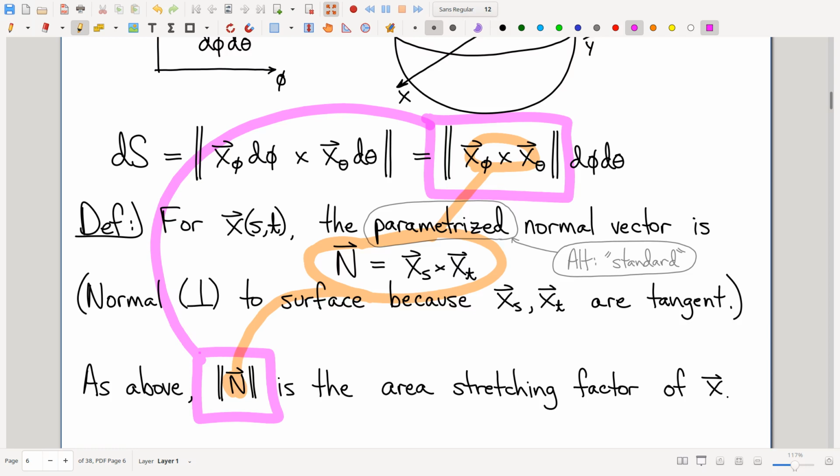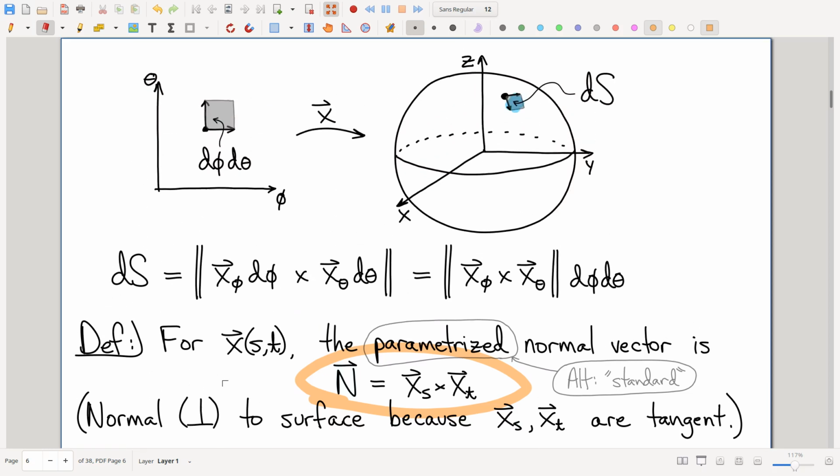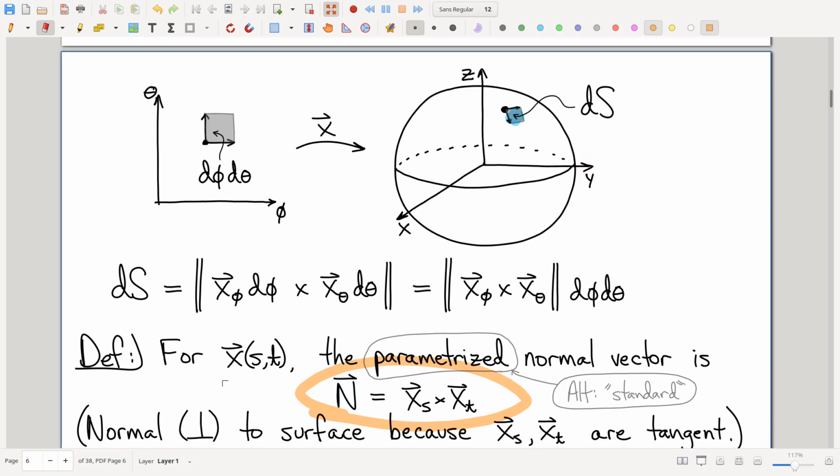All right. Now, what do we call this thing that I'm writing as capital N? First, I want to observe that it's a normal vector. These two edge vectors here are tangent vectors. These two vectors that I'm doing the cross product of are in those same directions.